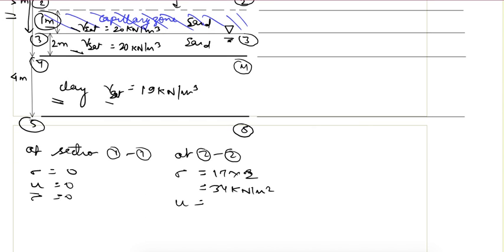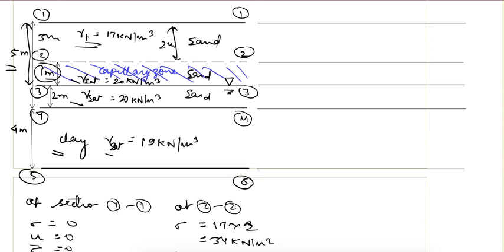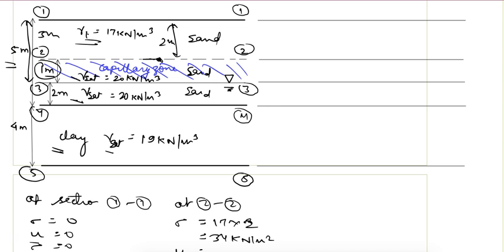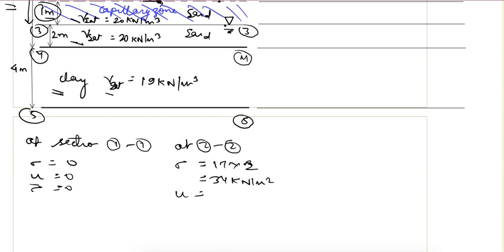And pore water pressure, now from section 2 up to here the capillary rise is taking place, so we know that in the capillary zone the water is in tension. So from the water table, this 2 is at 1 meter, so at this point the pore water pressure will be minus 1 into 9.81, or let's take the unit weight as 10 for simplification of numbers.